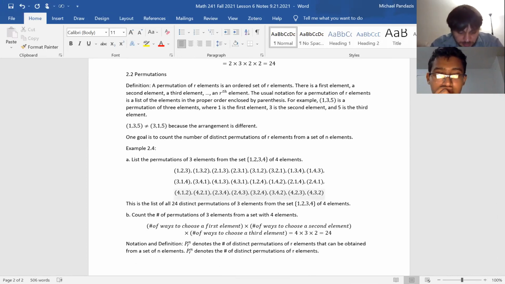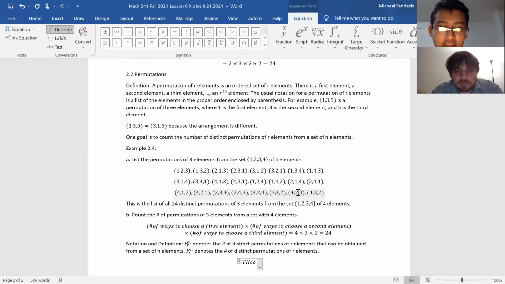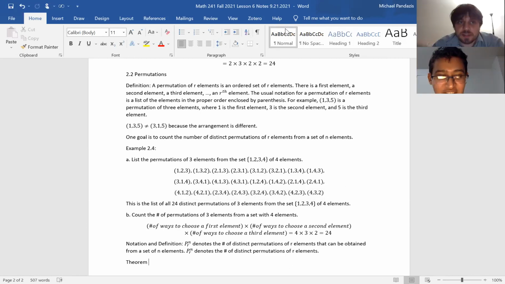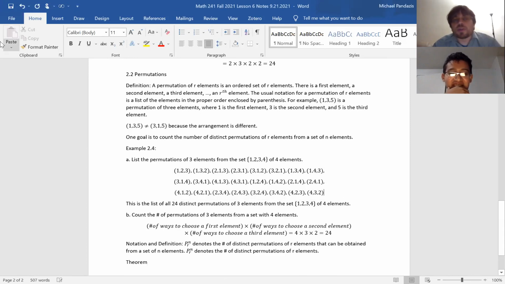So this is the theorem. Yes, Kashan. Don't raise your hand, just speak. So there's 24 ways of doing permutations, right? There are 24 3-permutations in the set with 4 elements.